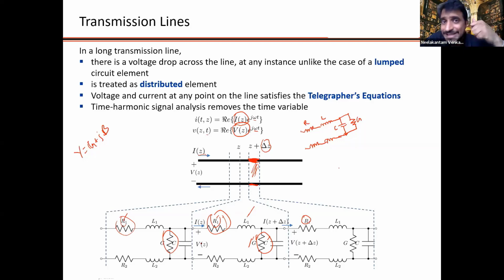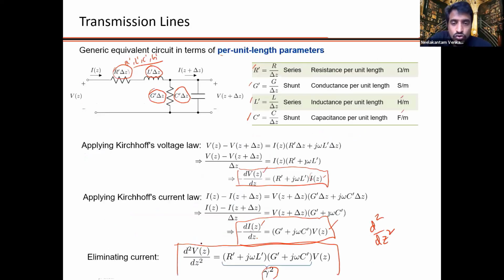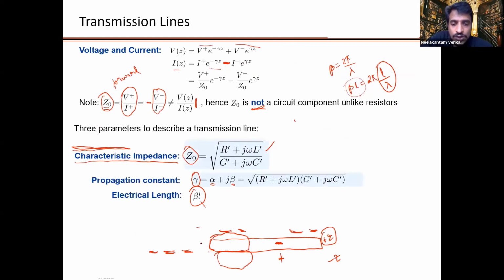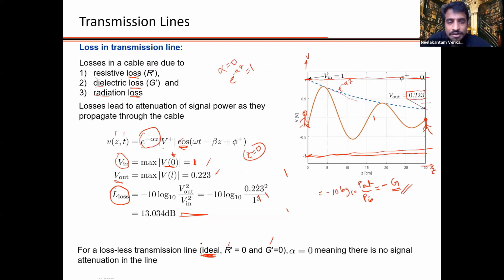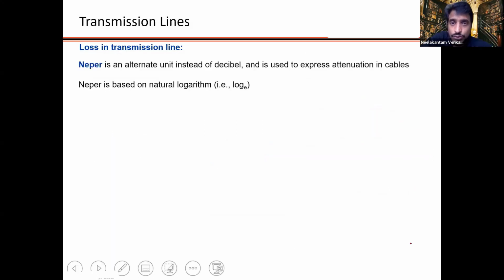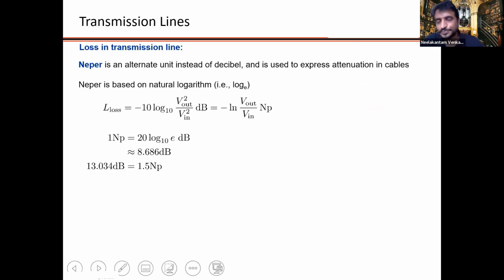You know that an ideal inductor and an ideal capacitor do not dissipate any power. So in the ideal world, not a reality, when R and G are 0, then if you see your expression for alpha, alpha will turn out to be 0. That means no signal is lost in the line. So whatever plus 1 you have is going to go on.